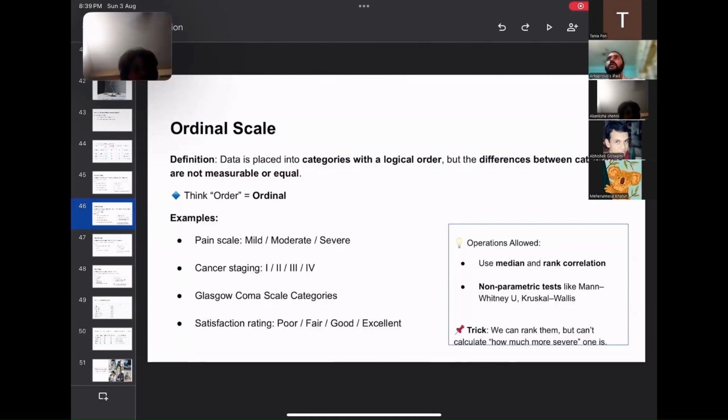No one will be able to justify or exactly come to an inference. What is the difference between moderate and severe? It won't be the same as the difference between mild and moderate. Got it? There will be a logical order, but the difference between the categories might not be measurable or equal.